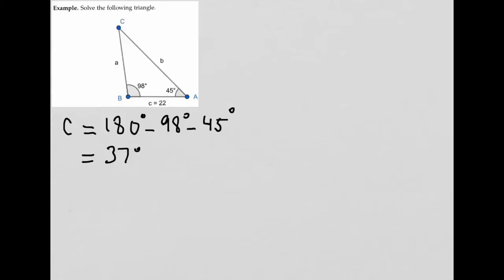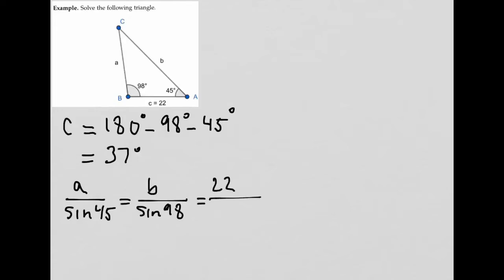So using the law of sines, we see that a over the sine of A, which is 45, equals b over sine 98 degrees, equals c, which is 22, divided by the sine of angle C, which we found out to be 37. So we solve for a and b.